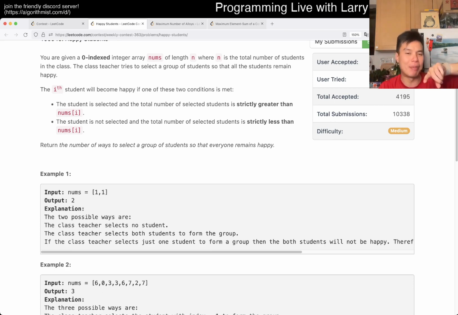And if it's bigger than the biggest number, it also means that it is bigger than all the other numbers, right? And in the same way, all the students that are not selected are represented by the smallest number, because the total number of students selected is going to have to be smaller than that number. And if it is, then it's smaller than every other number that is bigger than it, right?